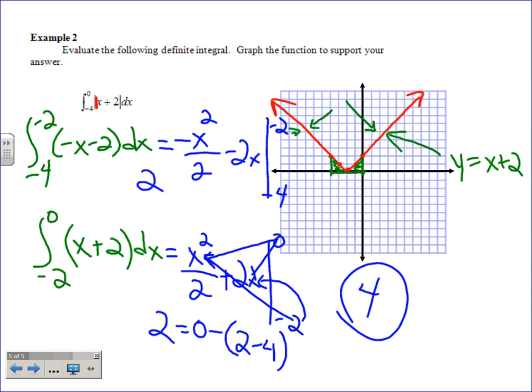So, what if I gave you the problem slightly differently, didn't give you the function at all. Only gave you the graph. And I asked you to find the definite integral for this problem, say from -2 to 4 or something along those lines.